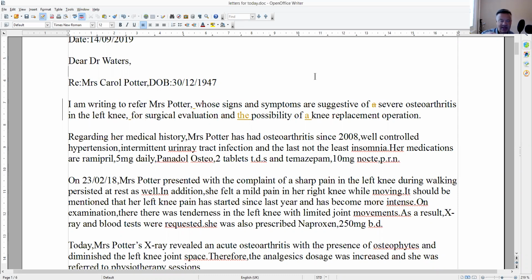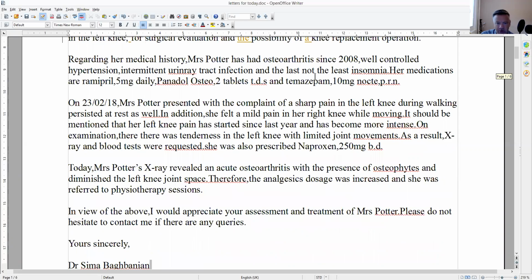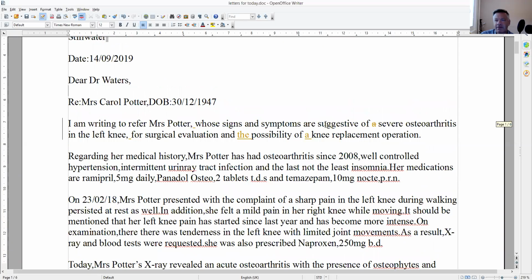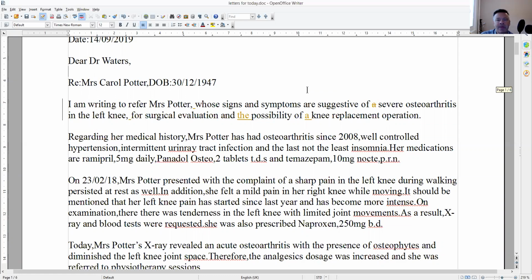Then second sentence, she has the signs and symptoms, or she has been diagnosed with, etc. Now, I don't have the case notes for this. I can't remember if you were asking the reader for a definitive diagnosis or not.